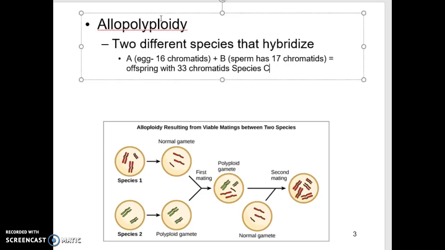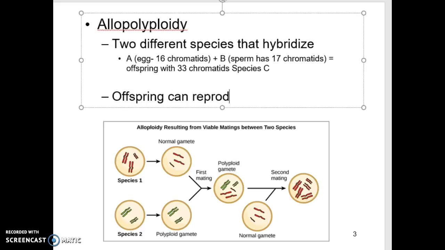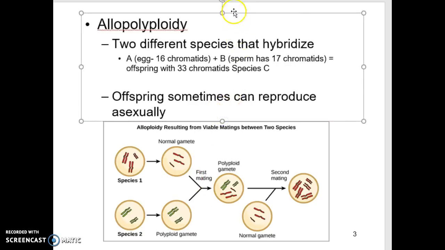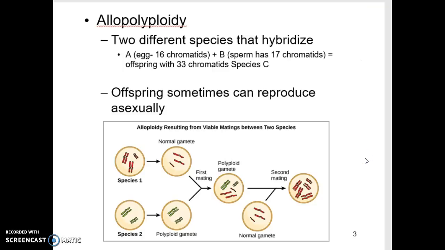Again, the key though is, can species C or that offspring mate and pass on their genetics? Sometimes when we look at this, what we see is that offspring, species C, sometimes can reproduce asexually and then continue to pass on those genetics, and that continues to further the genetic line of those individuals.